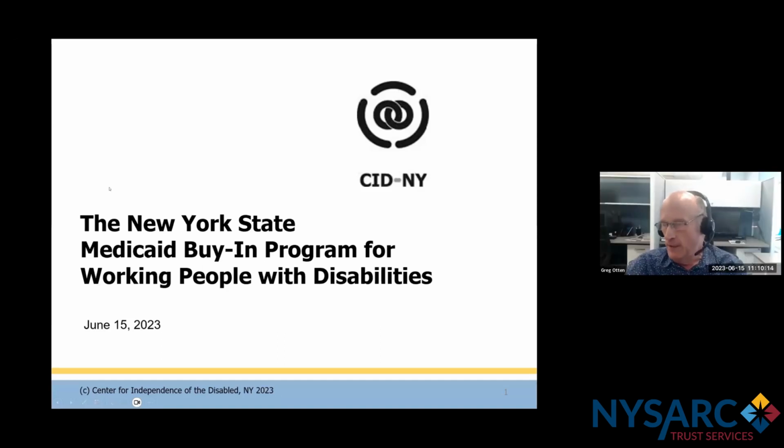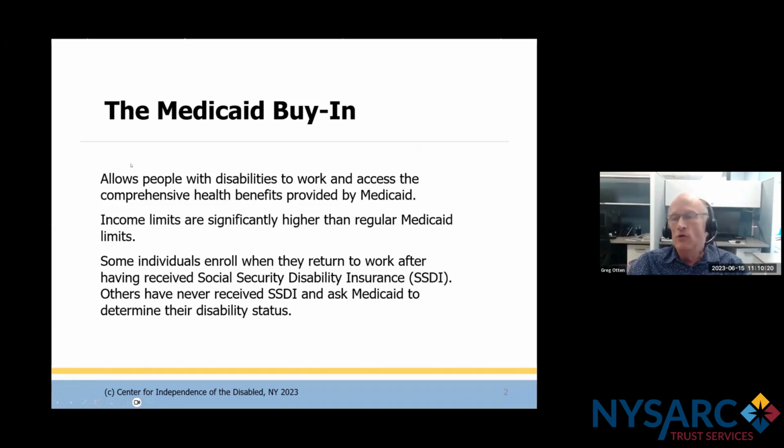Medicaid buy-in for working people with disabilities, the meat of this presentation. Allows people with disabilities to work and access everything that regular Medicaid covers. It's the same program, just different eligibility because someone is doing some consistent work.